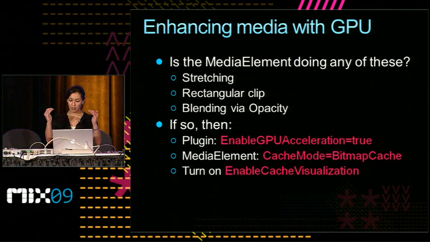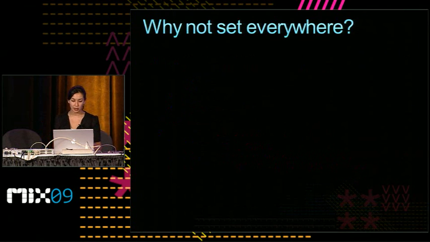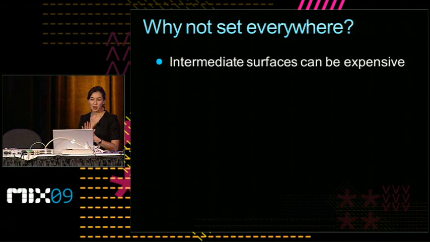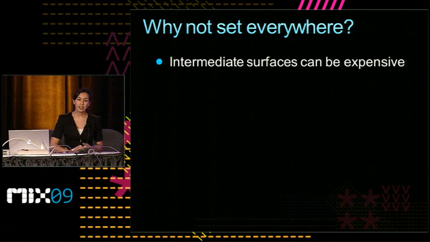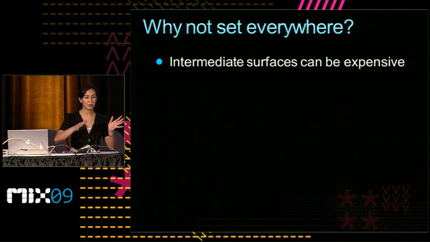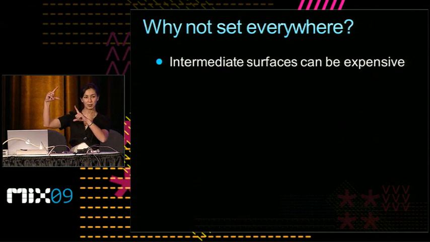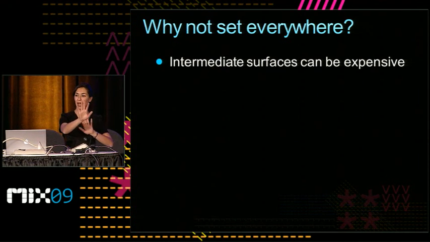I'm going to walk through an application that I have from Silverlight 1.0 and enhance it with hardware in a second. But why not set it everywhere? The key thing here is intermediate surfaces can be expensive. I've talked about this before, but when you offload to the hardware a surface that might be in the middle of your application, we're not only creating a surface for that item, but one for the front and the back.